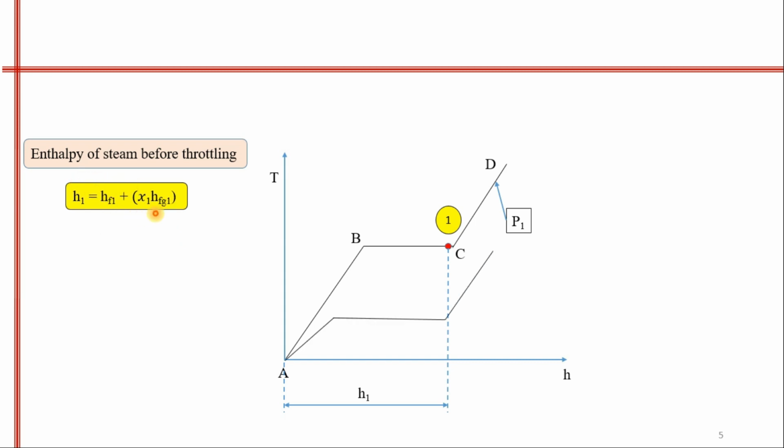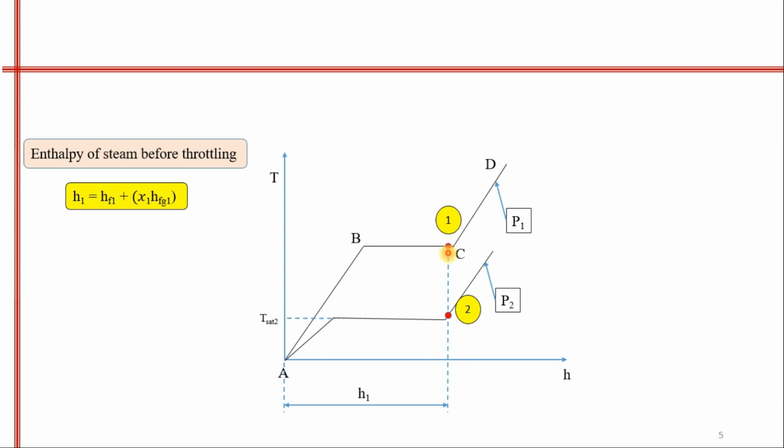After throttling, we have seen that a pressure drop is happening. So our new pressure is P2, which is lower than pressure P1. As we can see in this throttling calorimeter, the enthalpy of the steam before and after throttling remains the same.